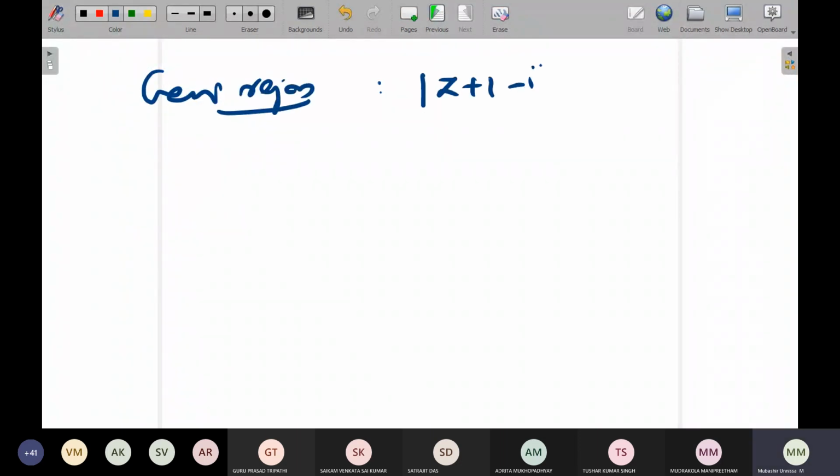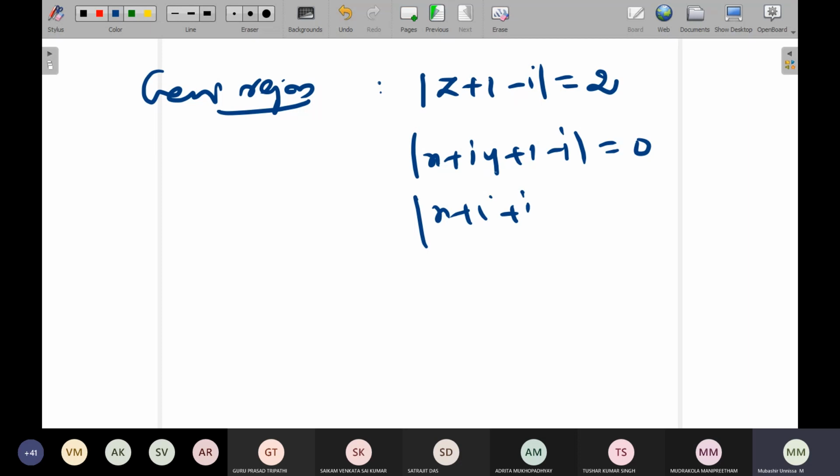Mod of z plus 1 minus i equal to 2. So you'll get x plus iy plus 1 minus i equal to 2. Correct? So you'll get x plus 1 plus i into y minus 1. So what is this? It is a circle with center at minus 1 comma 1 and radius 2.